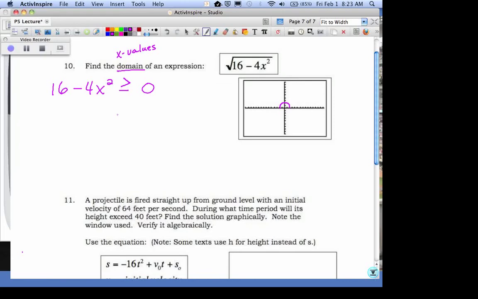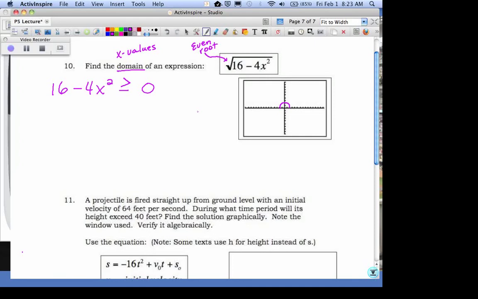So understand right now, anytime somebody asks you about a domain, look here. With square roots, we don't put the number 2 there, right?